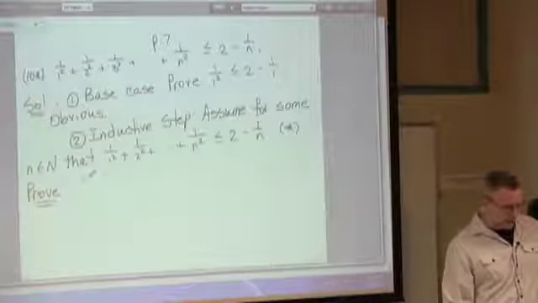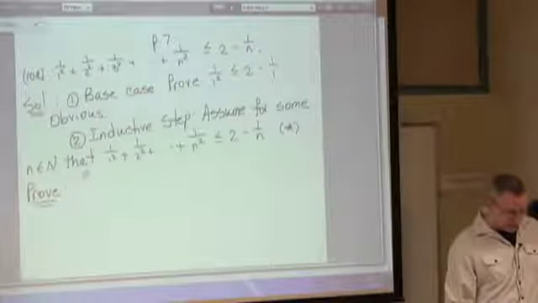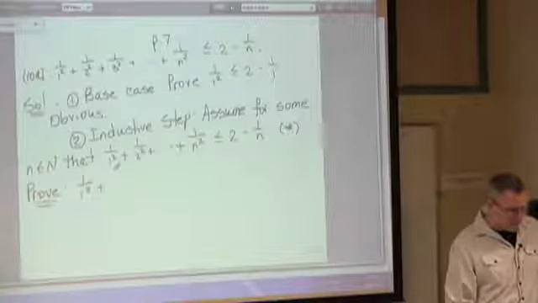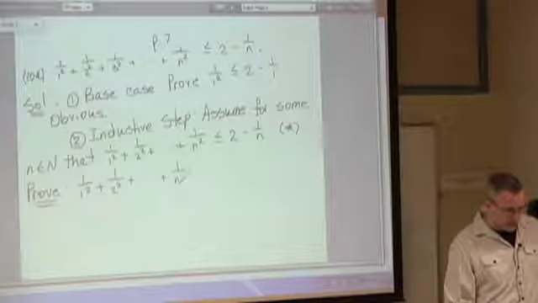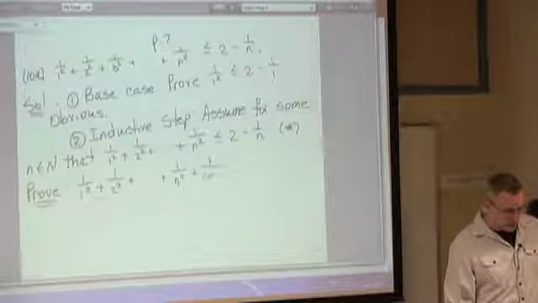So what we have to prove is, we just keep going, right? Instead of stopping at n, we stop at n plus 1, so 1 over n plus 1 squared.